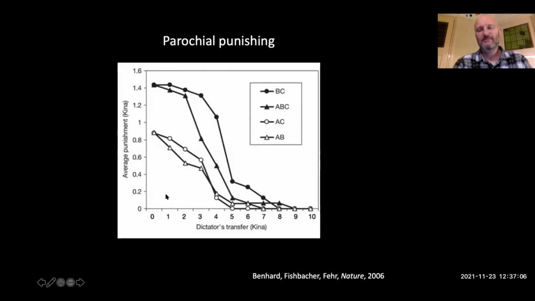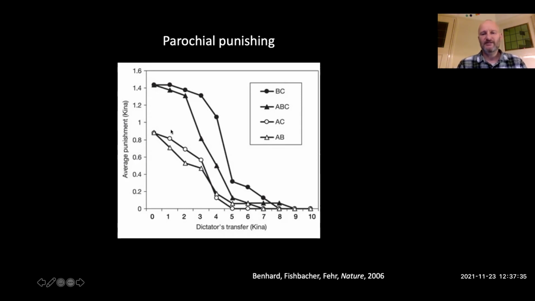So there is a whole bunch of results that make a whole lot more sense when you think in terms of commitment than when you don't. And one of them is, for instance, a great paper about parochial altruism, or in this case, it's actually better described maybe as parochial punishment.